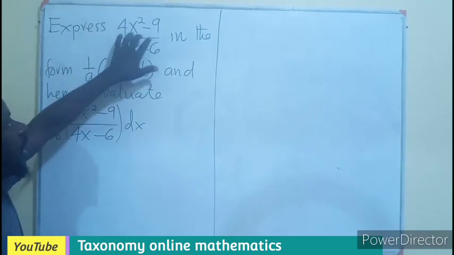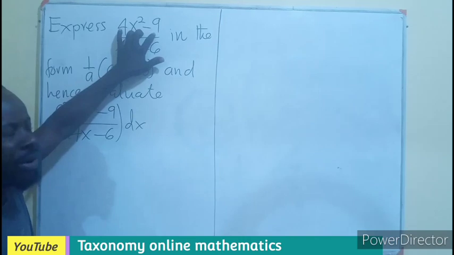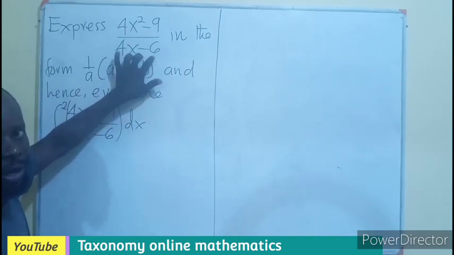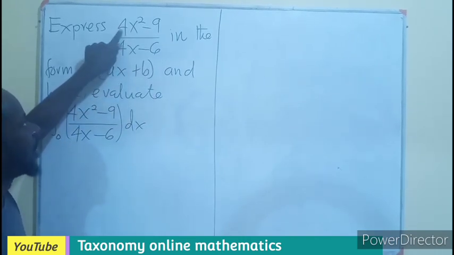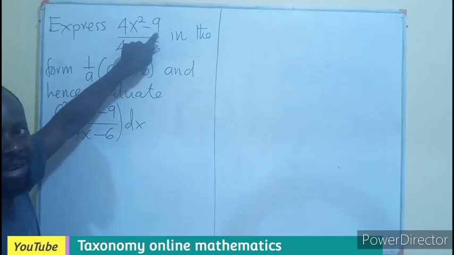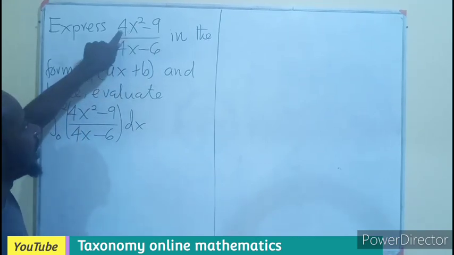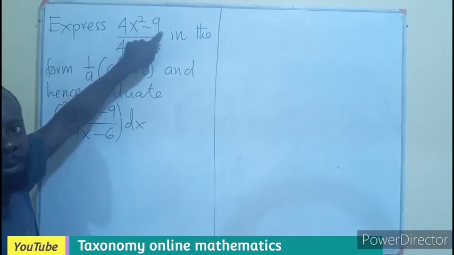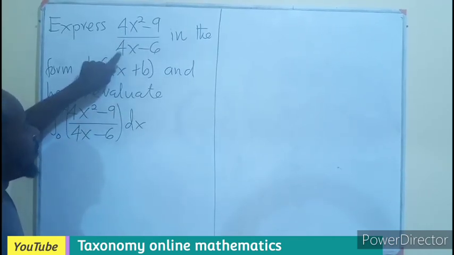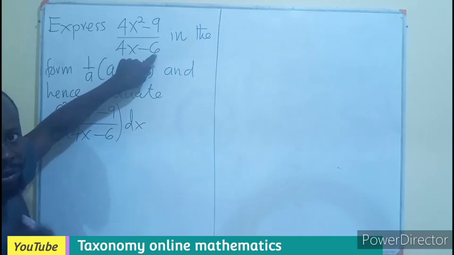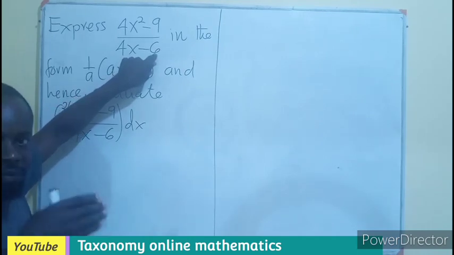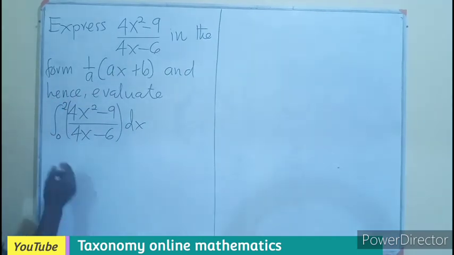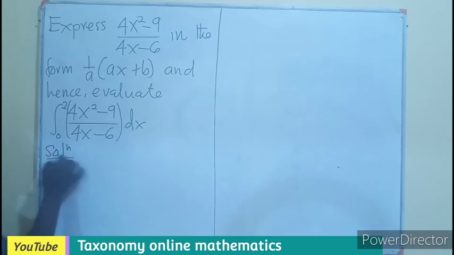If I look here, between 4 and 9 there is no common factor, but I can see that 4 is a perfect square, whilst 9 is also a perfect square. The common factor for 4 and 6 is 2. So I can find other factors that can help me cancel.